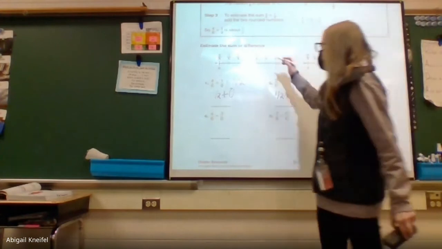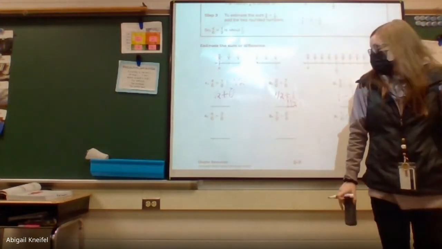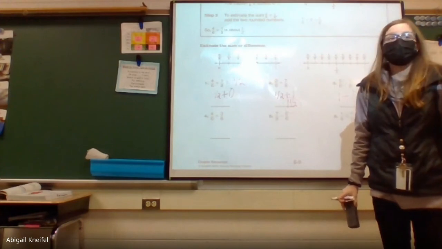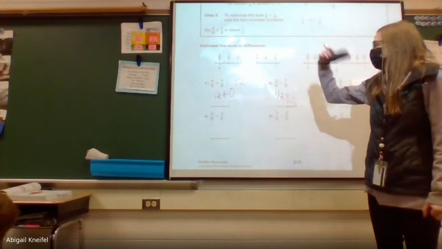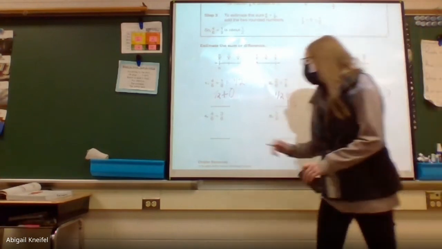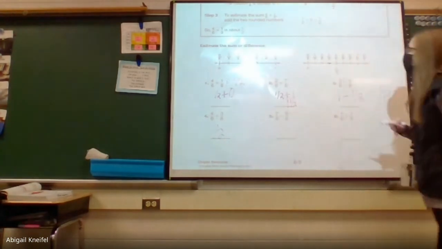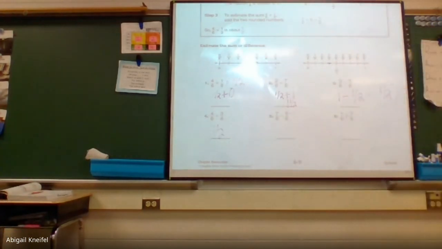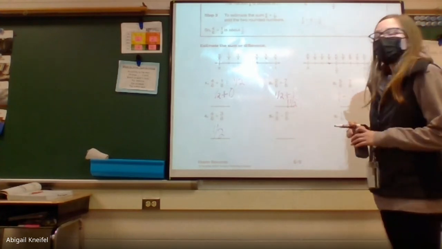Next, I have 4/6 right here. Is that closer to a half or 1? Closer to half. And then I have 3/8. Is 3/8 closer to a half or to 0, Mason? A half.